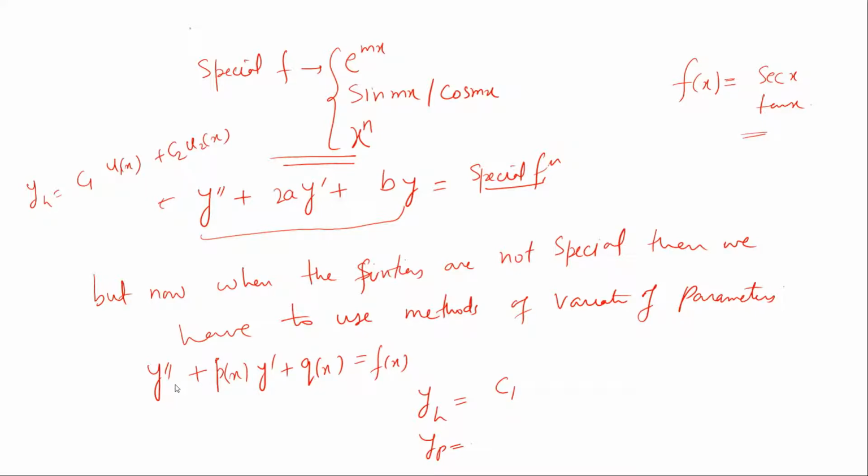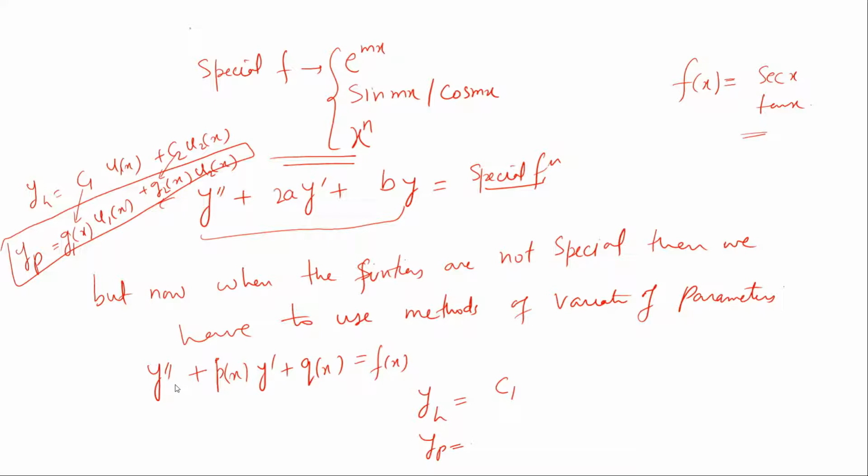Then yp is g1 of x into u1 of x plus g2 of x into u2 of x. We consider this yp by just replacing the constants c1 with g1 of x and c2 with g2 of x, and u1 and u2 are the same.